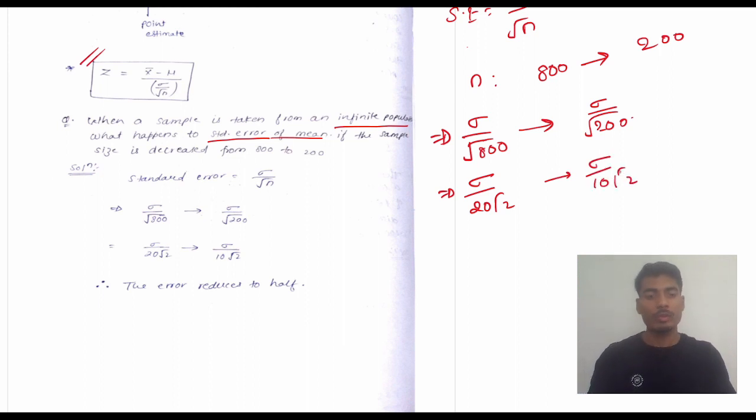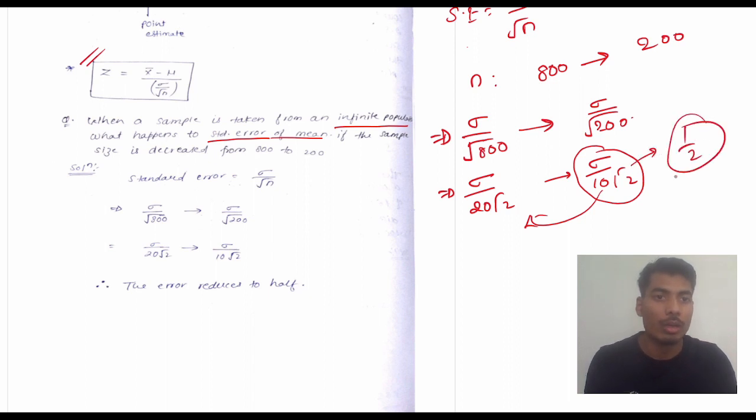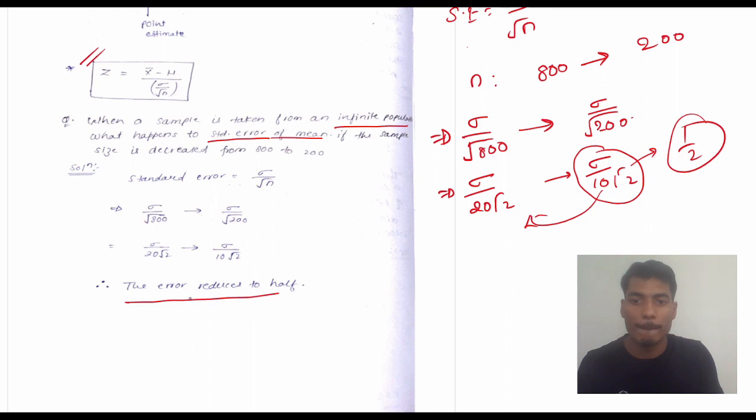Now see here, when you multiply this term by 1 by 2, you can get sigma by 20 root 2. So this term is decreased by half. So we can write the error is reduced to half.